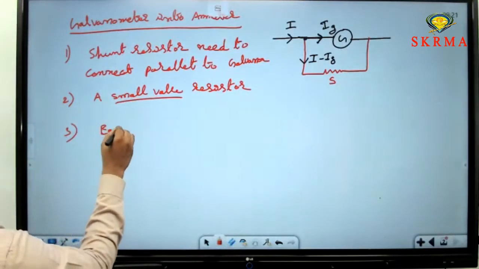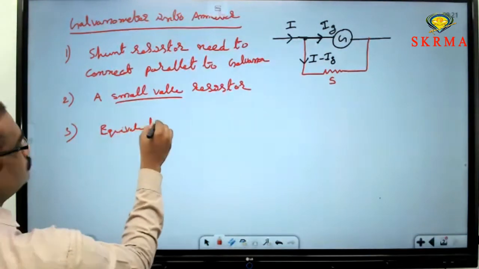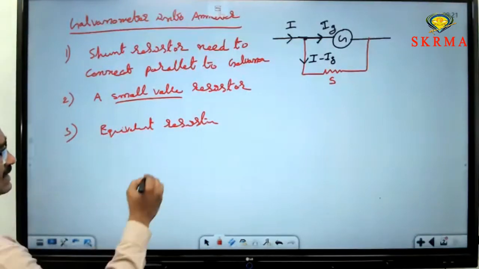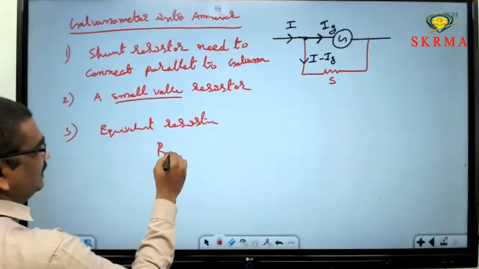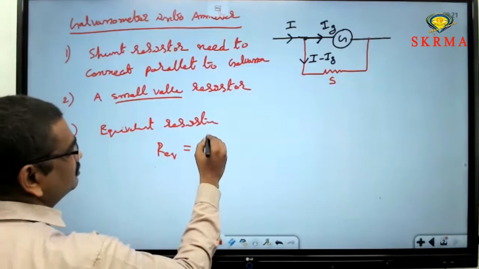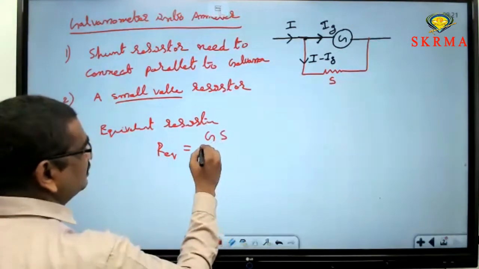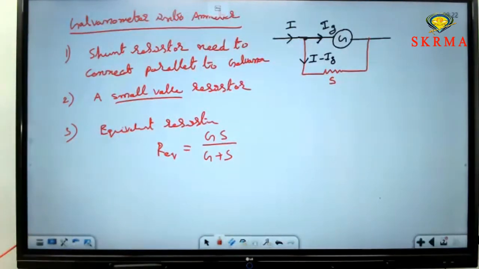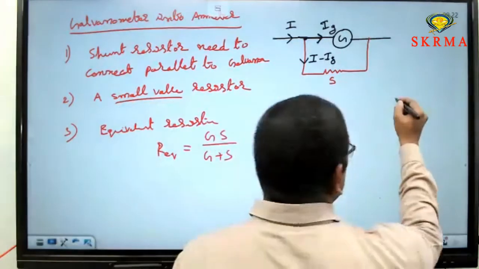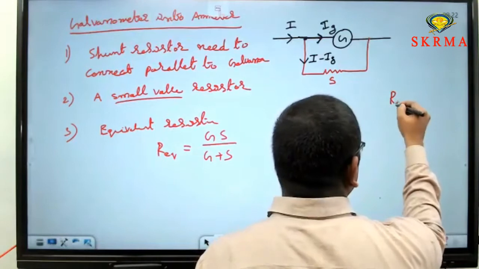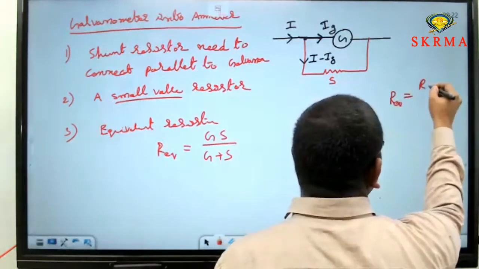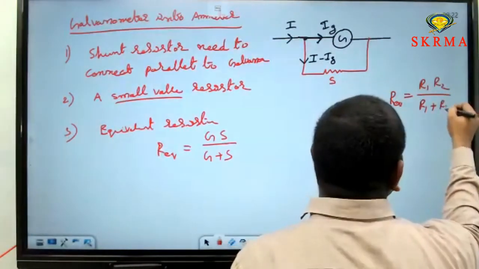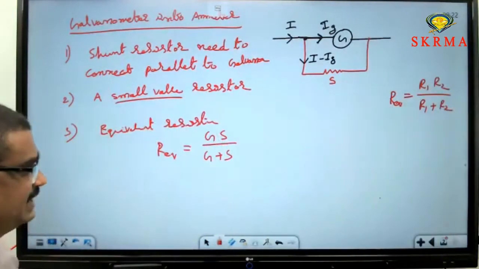R1 R2 by R1 plus R2. So the equivalent resistance R equivalent equals G into S by G plus S. I am writing this equation from the parallel combination formula, R1 R2 by R1 plus R2.